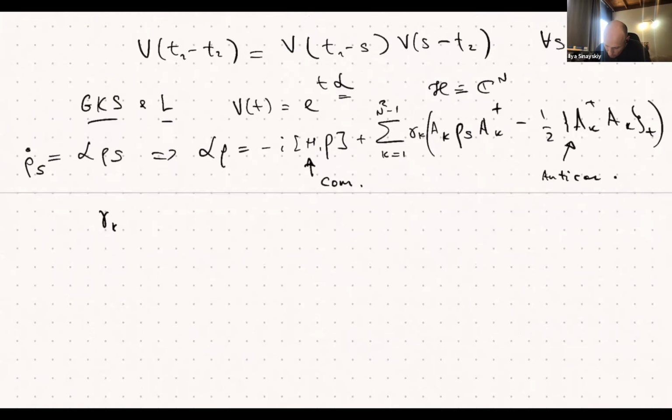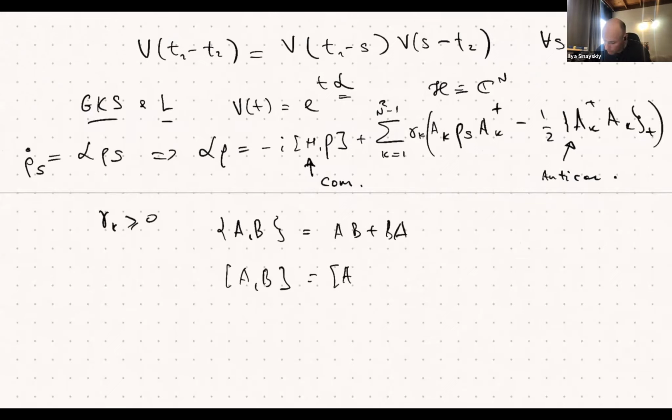The gamma_k are greater than or equal to 0. And of course, the anti-commutator of A and B is AB plus BA, and the commutator of A and B is AB minus BA.